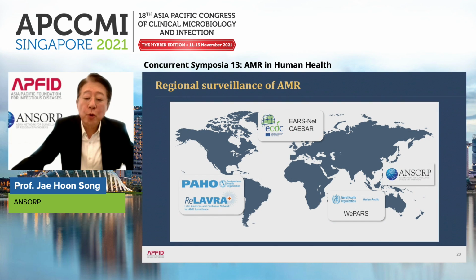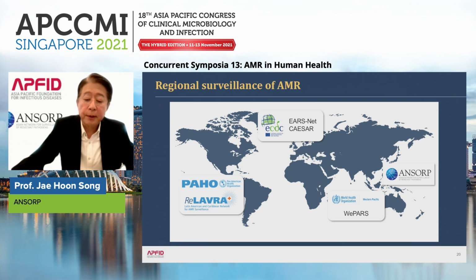We have just a few regional surveillance programs organized by nonprofit organizations as shown in this map. In the American continent, PAHO and LABRA are doing the multinational surveillance of AMR. In Europe, ECDC has organized EARSnet and the Central Asian and European surveillance system for this purpose.